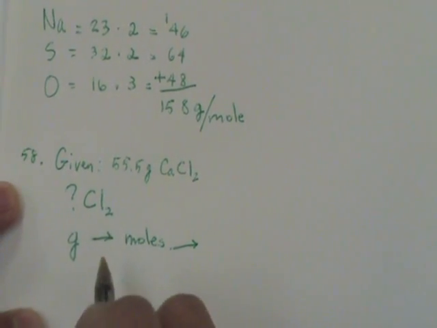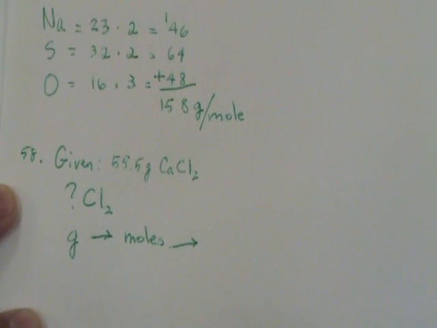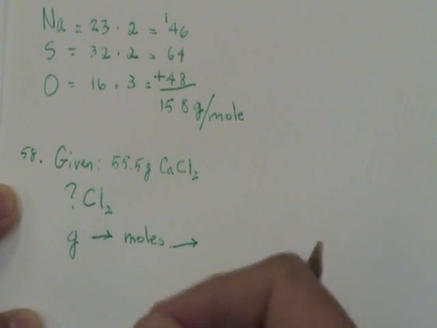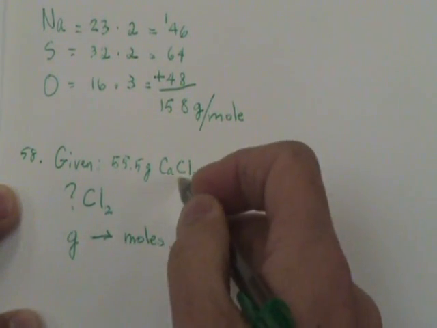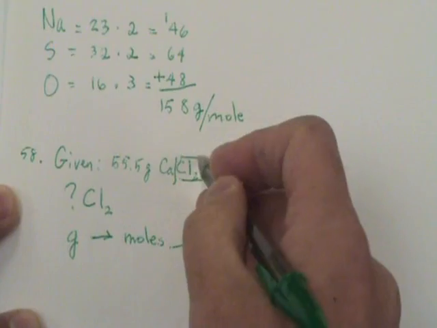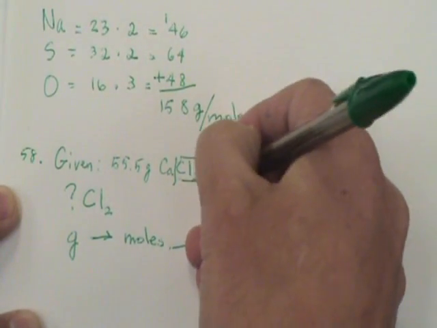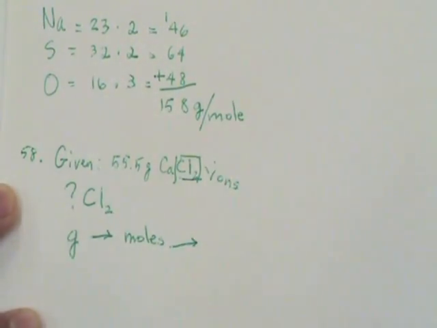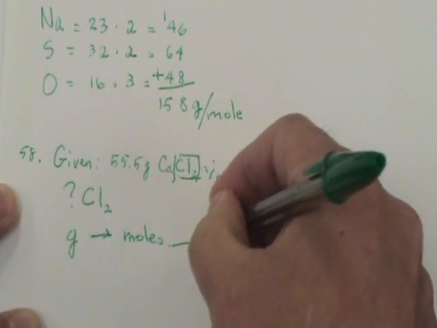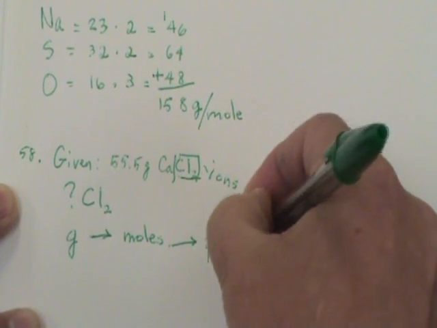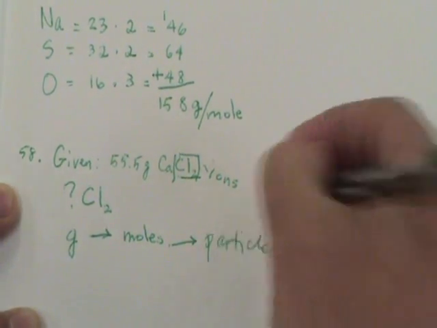Because it's asking about how many chloride ions, we're looking at particles. We're talking about atoms, molecules, but in this case the chloride ion. These are your small particles. So we have to convert here to particles.